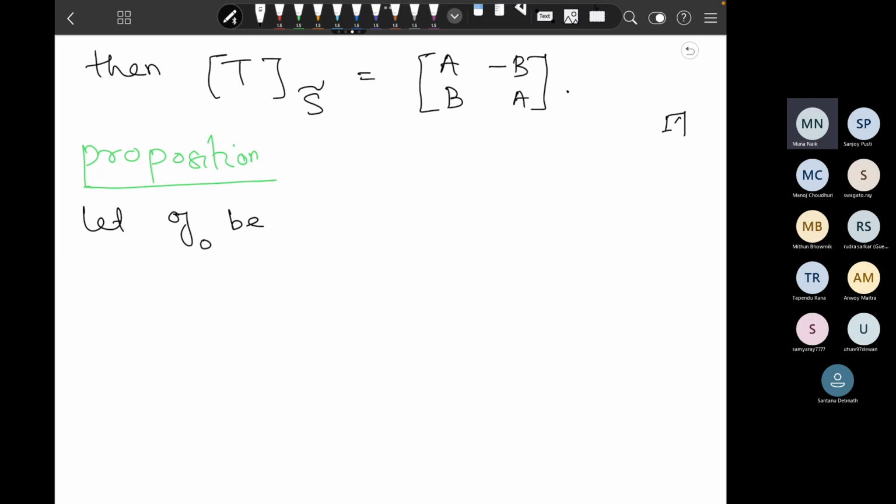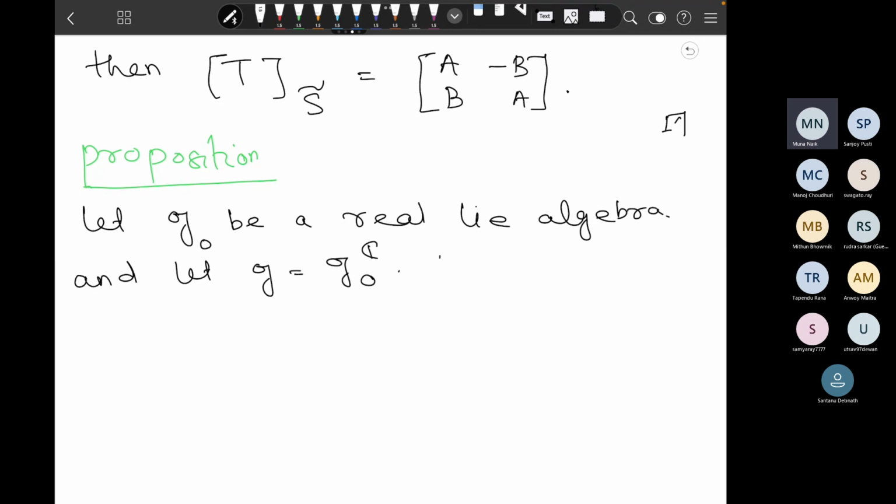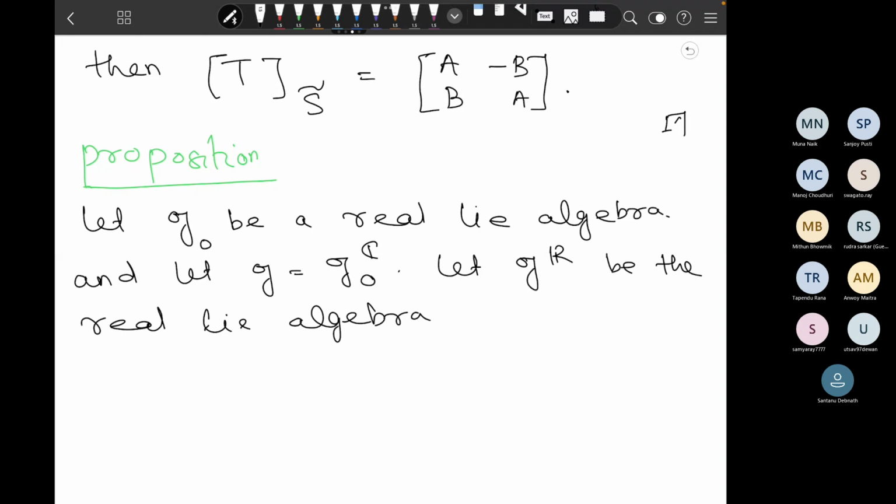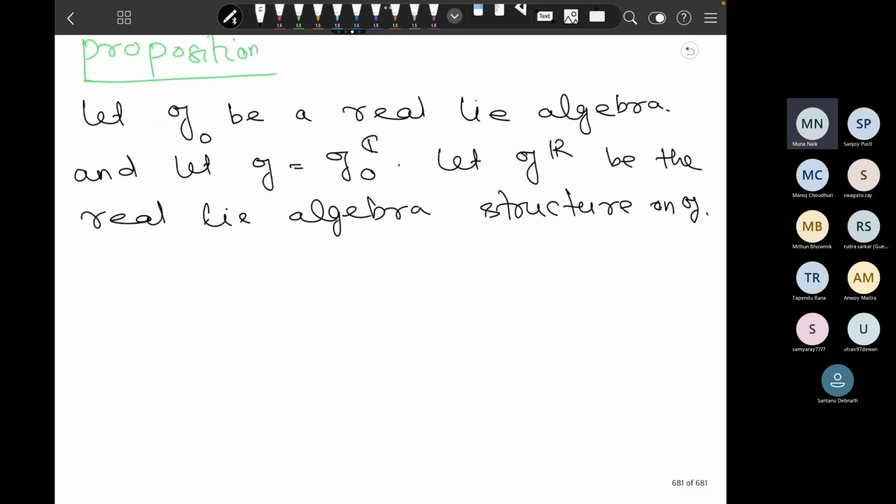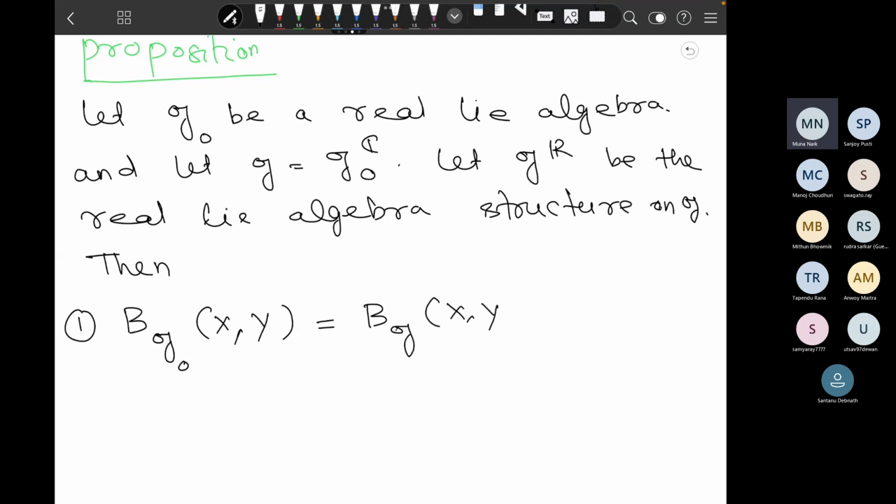So let G naught be a real algebra, and let G be equal to G naught complexified. Let G_R be the real algebra structure on G. Then the first thing is B_G naught(X, Y), where B is the Killing form on G naught, is equal to B_G(X, Y).